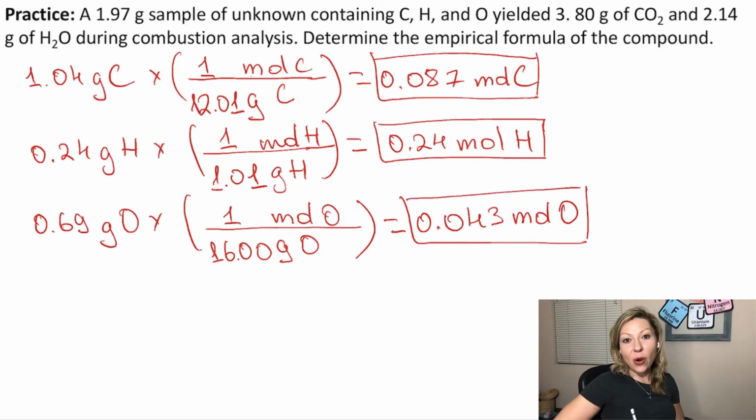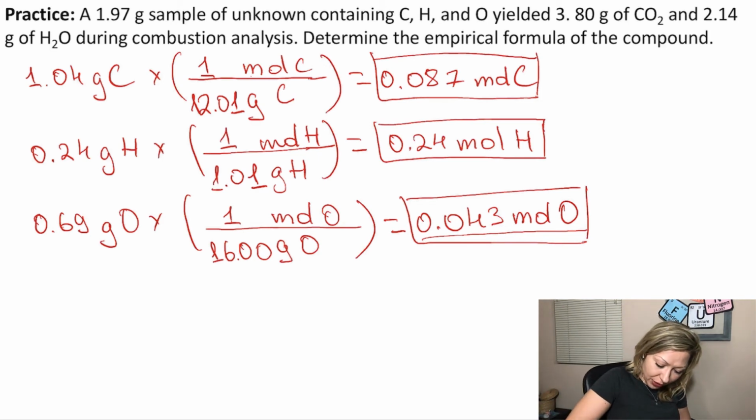Okay, so now if you remember, as we did before, you simply need to find the element with the smallest number of moles. Which one has the smallest number of moles in this case? Oxygen, right? So here we have oxygen with 0.043 moles. And then we have to divide the other two amounts of moles by this to get the mole ratio and also the ratio of the atoms in the empirical formula.